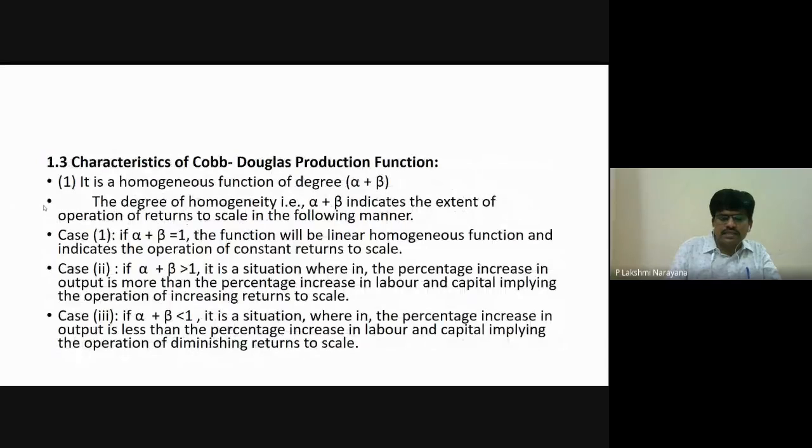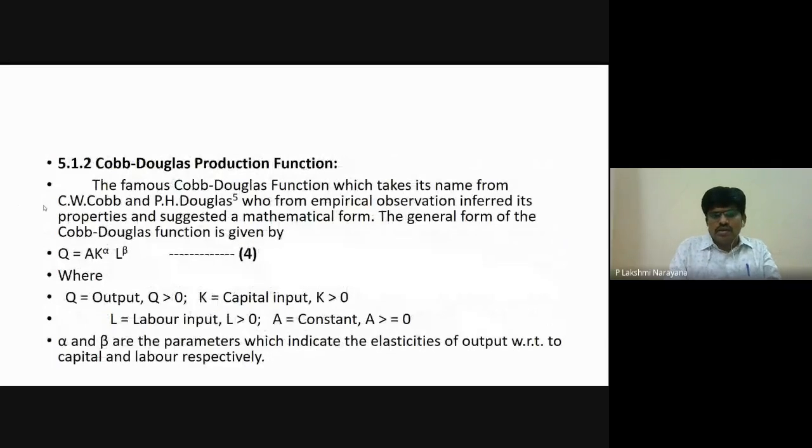Here alpha and beta are the parameters which indicate the elasticity of output with respect to capital and labor respectively. Capital parameter alpha, labor parameter beta. So these two, alpha and beta, are elasticities of output.